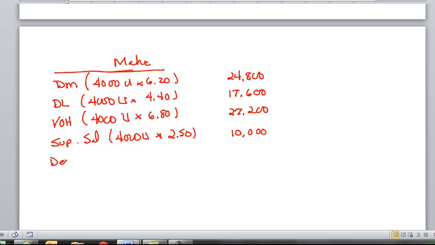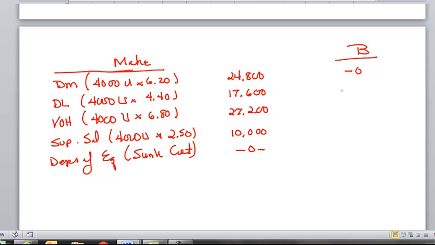Then we've got depreciation of the equipment. This is a sunk cost. Therefore, it's zero. What we mean by sunk cost is, if we make, we incur this cost. If we buy, this cost is zero for direct materials. It's zero for direct labor, zero for variable overhead, zero for the supervisor salaries.